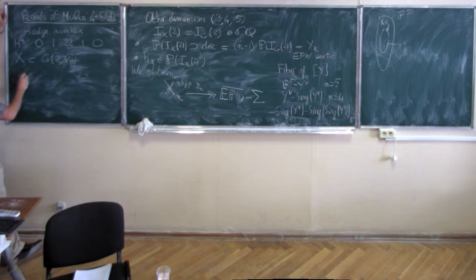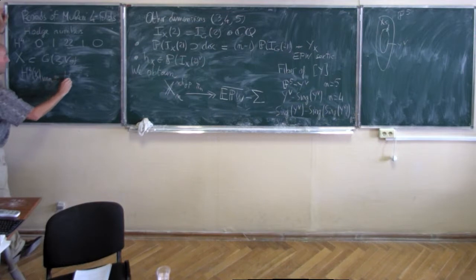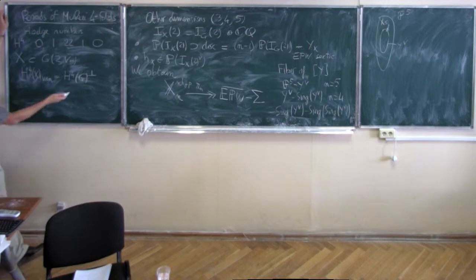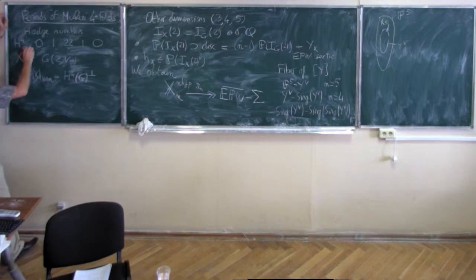So you want to look at the orthogonal of H4 of G in the H4 of X. Okay, so this is what I called earlier H4 of X vanishing. I used to call it primitive, and then people complained. So this is the orthogonal for the intersection form. This has rank 2. Okay, so here I restrict myself to the vanishing cohomology.